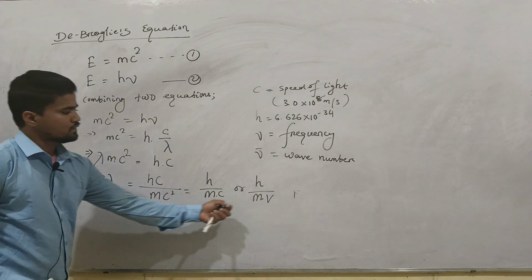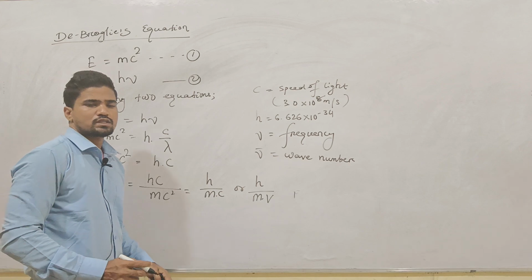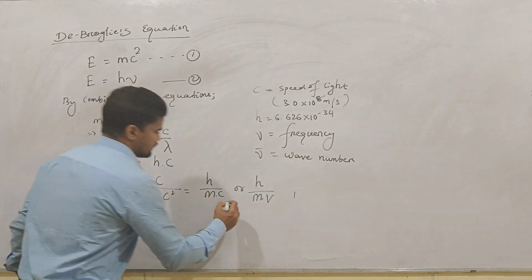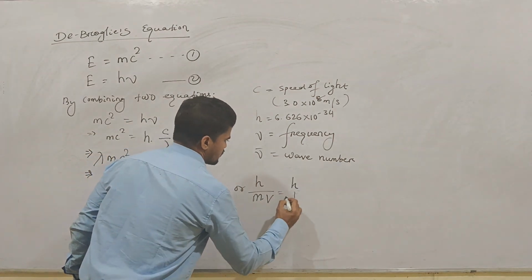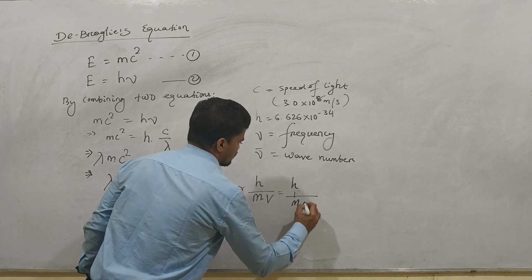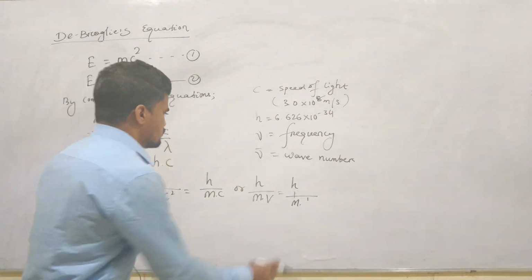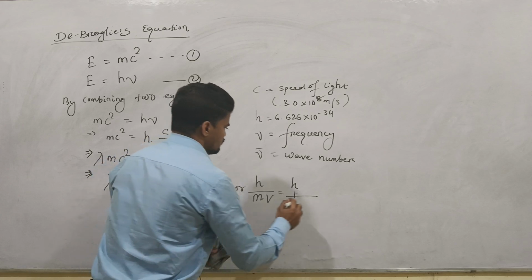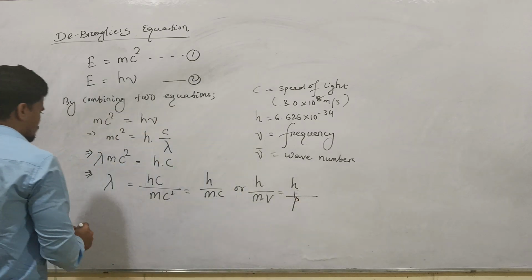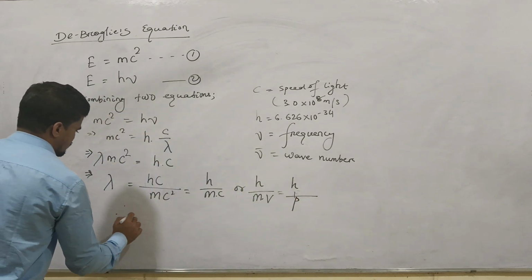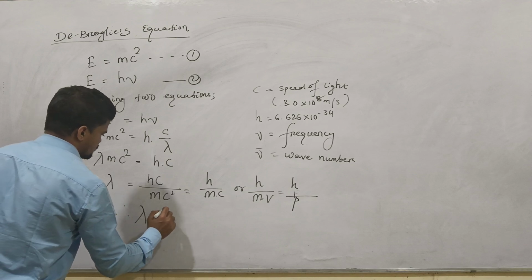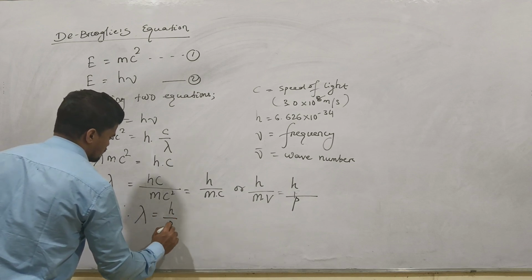Finally, mass into velocity is momentum, represented by p. So this is de Broglie's equation: lambda equals h by p.